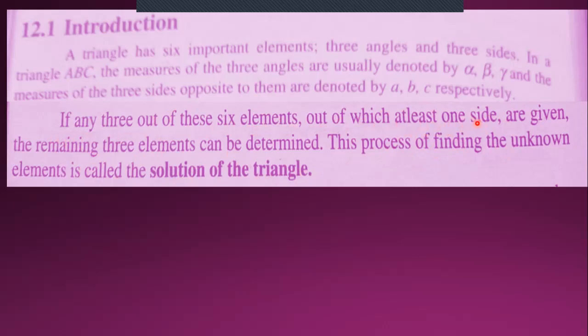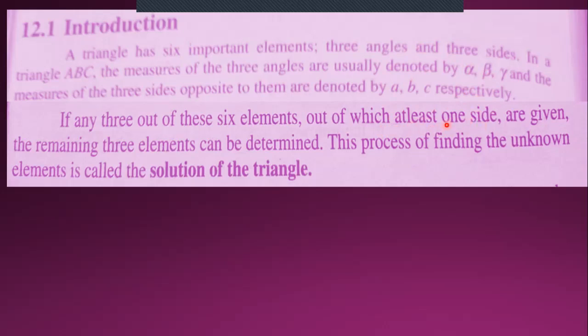Obviously, you have learned in the metric class there was a case of ambiguous triangles. If any side is not given, then we can make infinite triangles by using that set of angles. And those triangles in which angles are congruent, those triangles are called similar triangles.